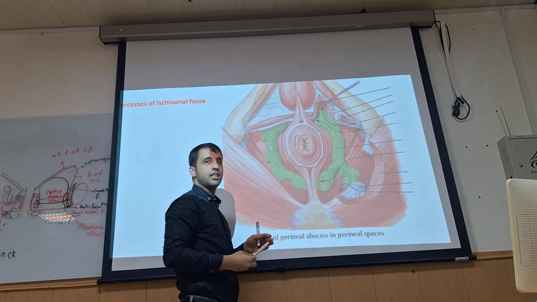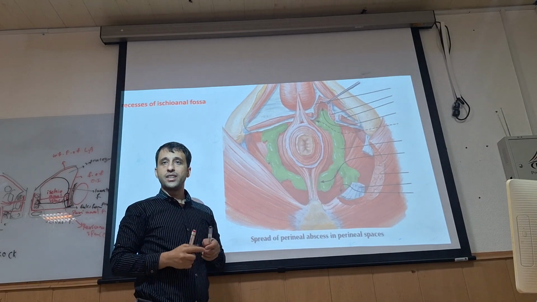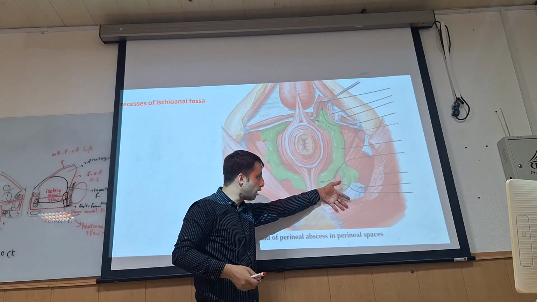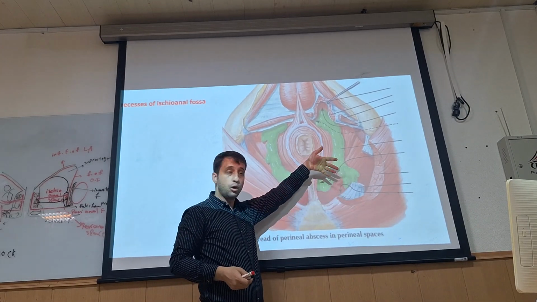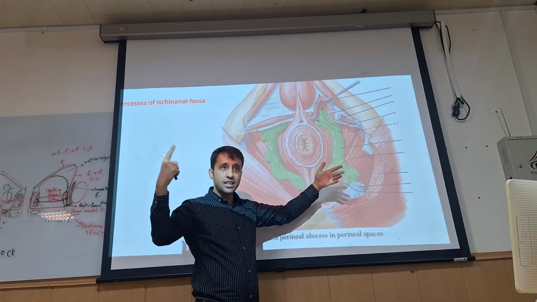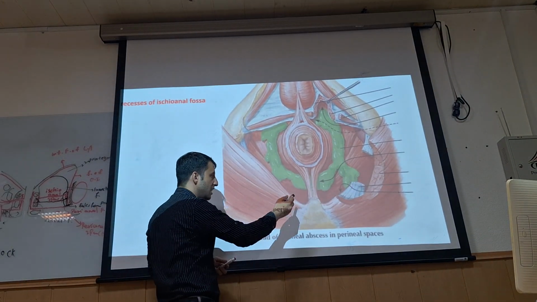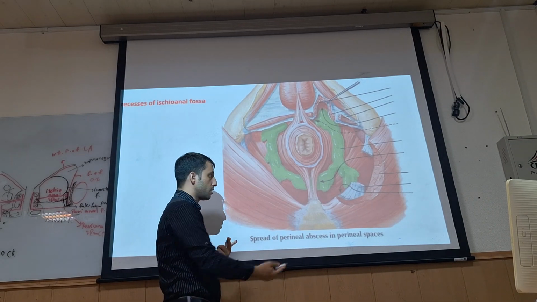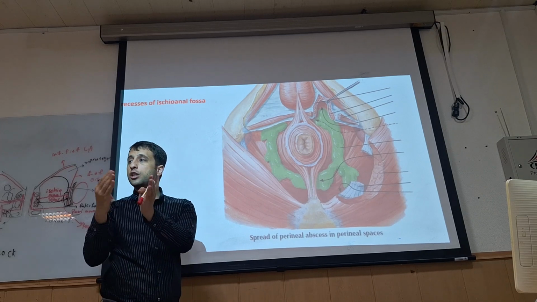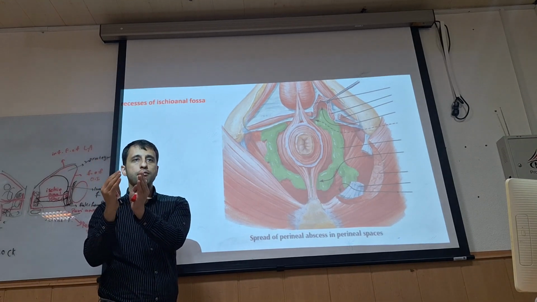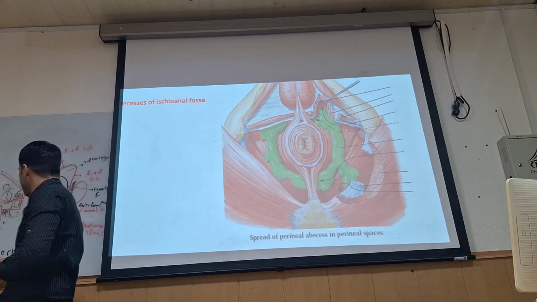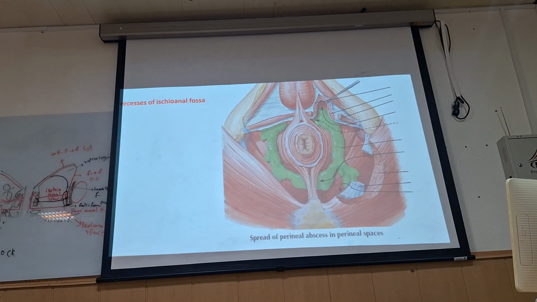It is named the anterior recess. Also at the posterior, it goes to the depths of the gluteus maximus and to the depths of the sacrotuberous ligament. It is named the posterior recess. Another recess is named the horseshoe recess. Look here. The horseshoe recess connects the two ischioanal fossae from right and left. Okay? These are the three recesses of the ischioanal fossa.